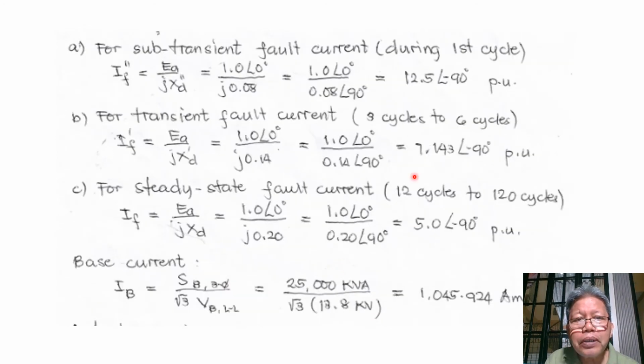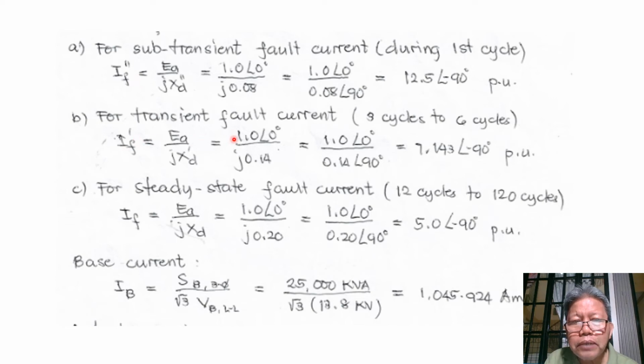So for the subtransient fault current during the first cycle, IF'' will just be equal to Ea over GXd'', or 1.0 at an angle of 0 divided by j0.08. Substituting the values, we get 12.5 at an angle of minus 90 degrees per unit. So this is the value of our subtransient fault current IF''.